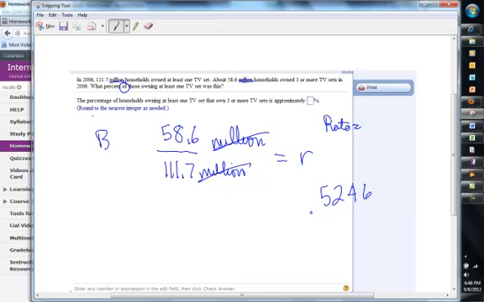We want it to the nearest integer. So how many percent is that? Well, remember, if you're going from decimals to percents, move the decimal point 2 places over, and so we get 52%.